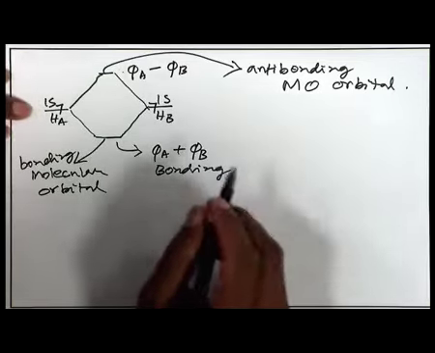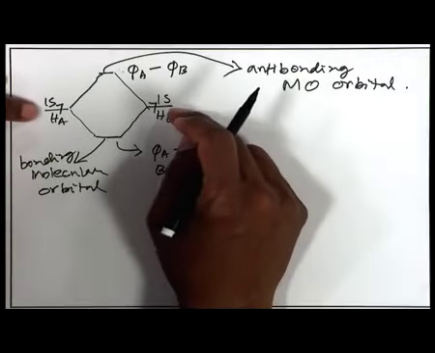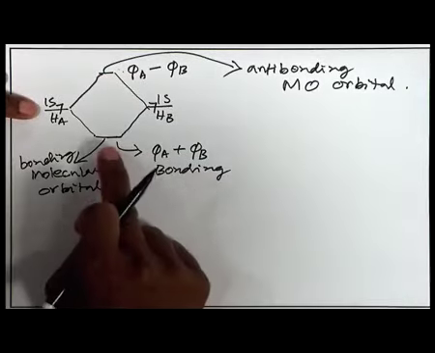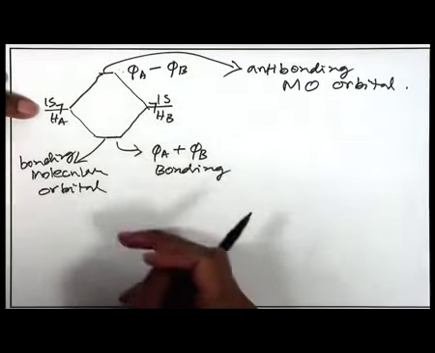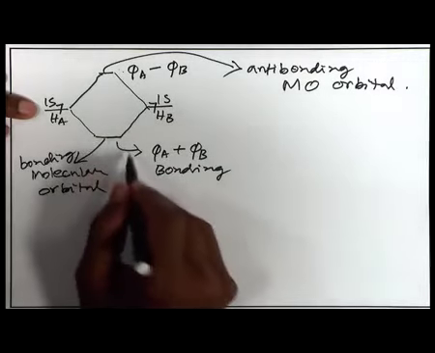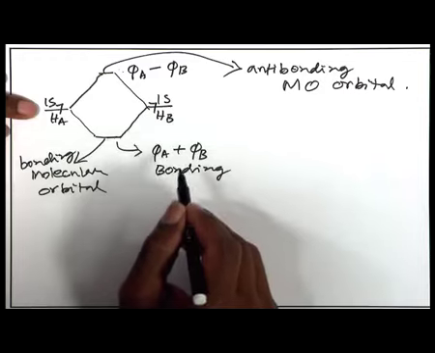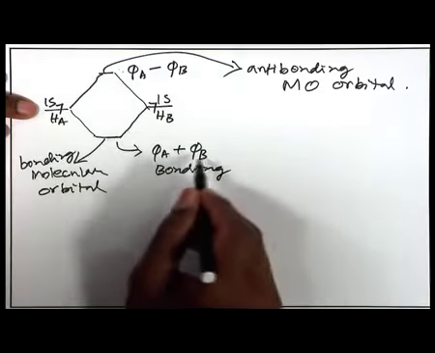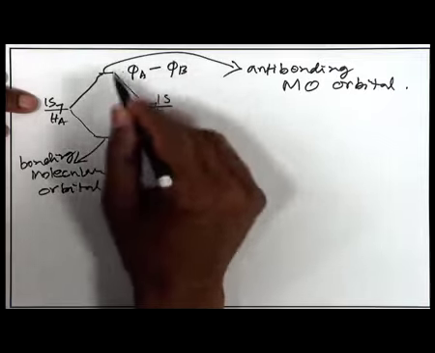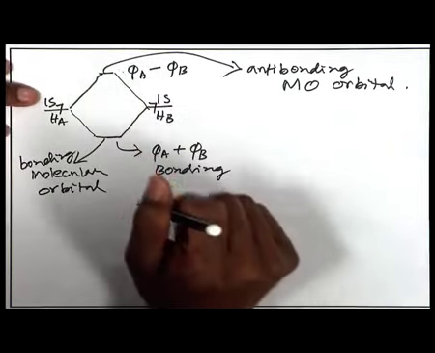Now, you can see here two atomic orbitals are combined to give two molecular orbitals. One is lower in energy, another one is higher in energy. The lower energy one is described by this combination of wave functions. The higher energy orbital is described by this type of combination of atomic orbitals.